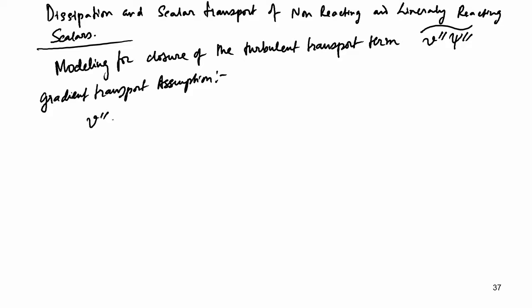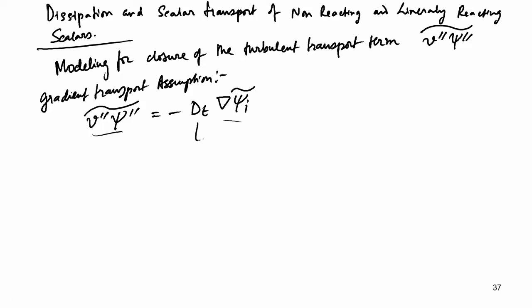this v prime xi prime covariance is equal to minus D_t times this one. It is similar to the Reynolds stress closure, where the Reynolds stress tensor was closed by the kinematic turbulent eddy viscosity times the Favre averaged strain rate tensor.